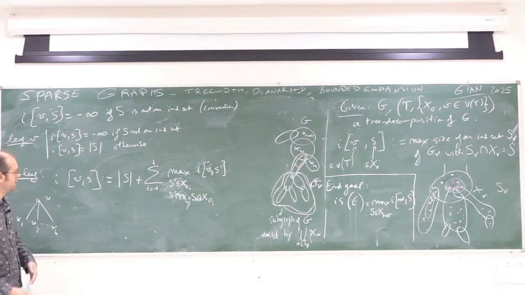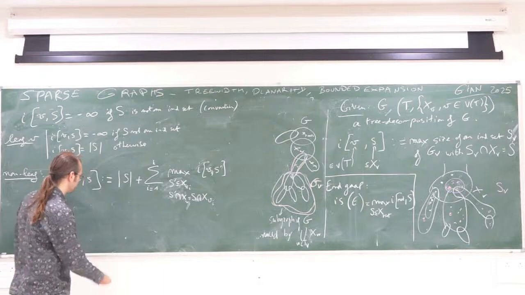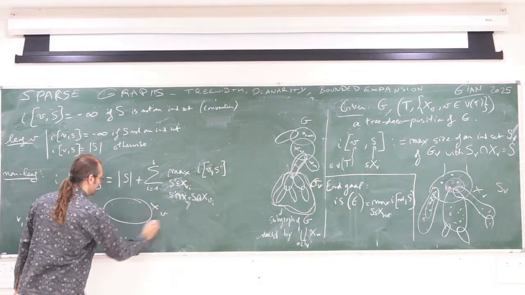This is correct. So I'm looking at the subsets of my child bag. This is XB, some child bag.